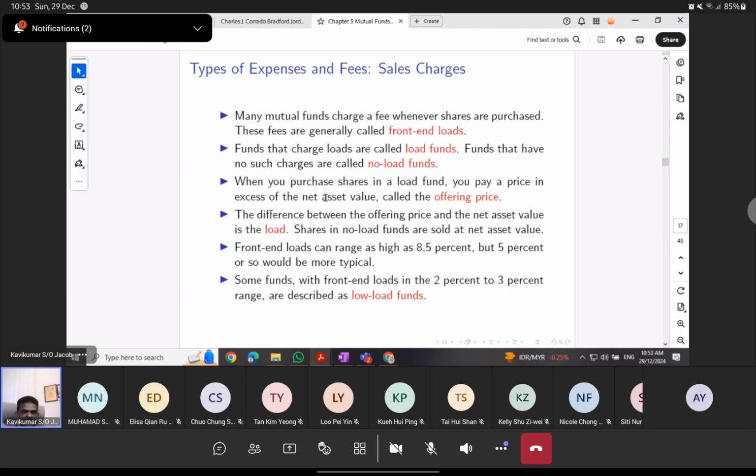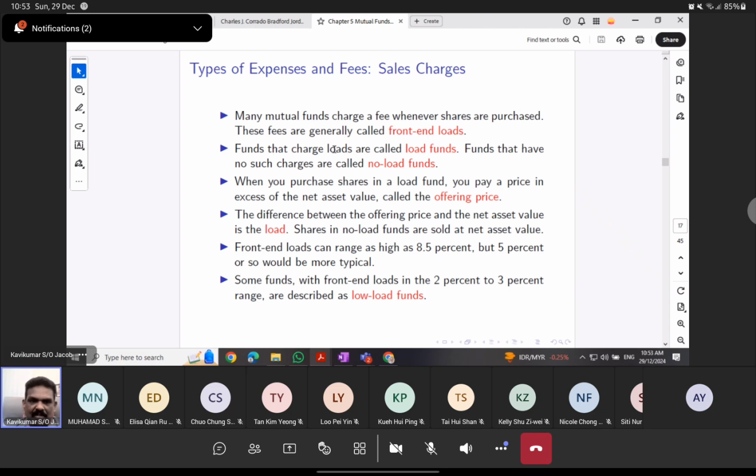Any mutual fund may charge a fee whenever shares are purchased. These fees are generally called front-end loads. So whenever we buy shares and pay a charge, we call that a front-end load.